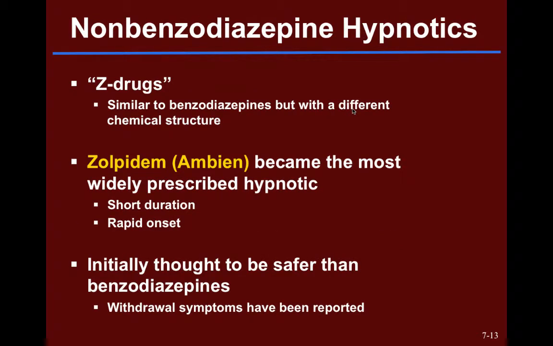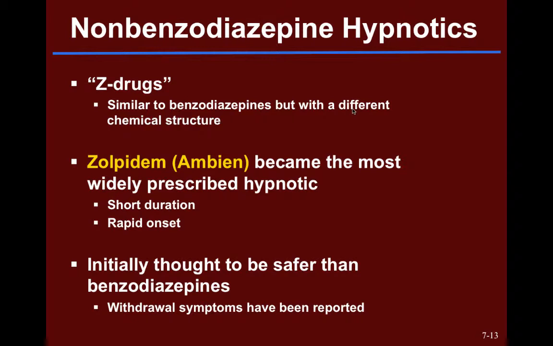We do have a couple of other non-benzodiazepine hypnotics to talk about. There's one category called the Z drugs. They're very similar to benzodiazepines in their use and function, but they have a different chemical structure. And Ambien is actually one of these. When we talk about Z drugs, we've got names starting with Z's, including zolpidem. So zolpidem, the trade name Ambien, became the most widely prescribed hypnotic or sleep aid after its introduction.